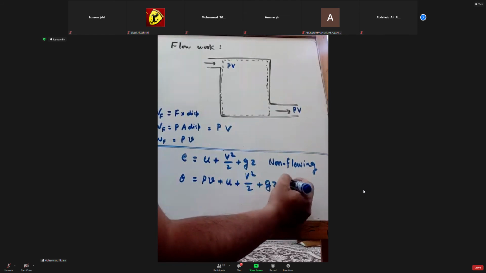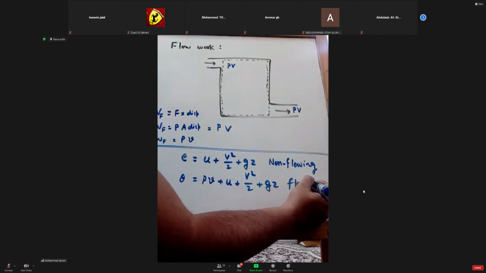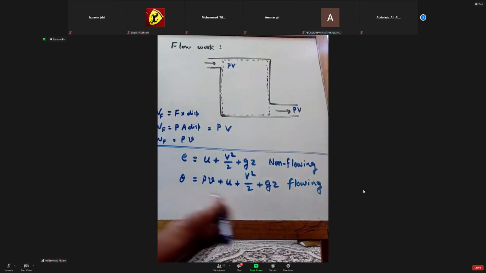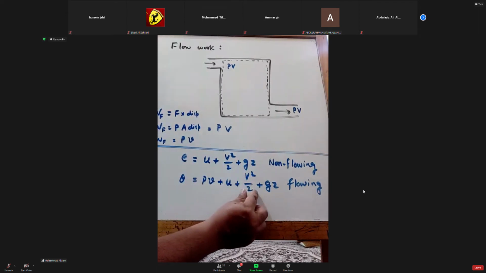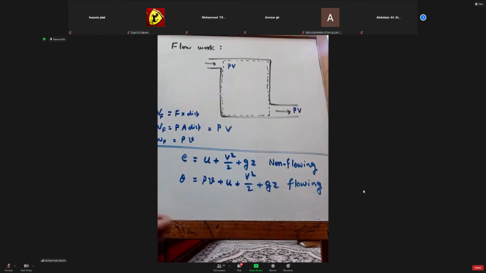Sorry, I missed U as well. This is when we have the flowing system, or we can say open system. This is closed system, this is open system. So total energy is equal to flow energy plus internal energy plus kinetic energy plus potential energy.